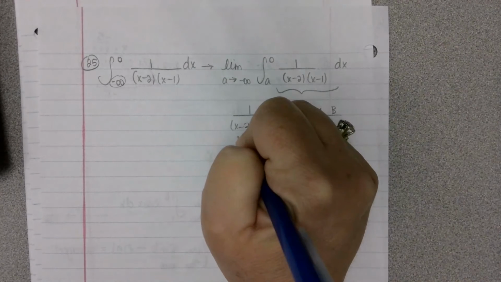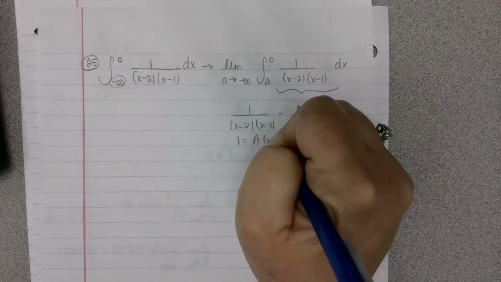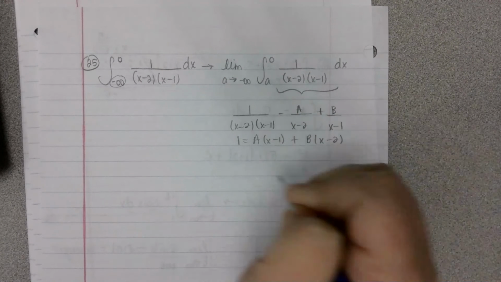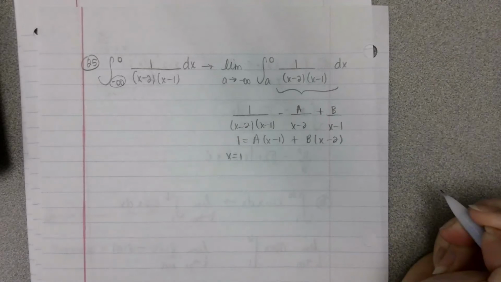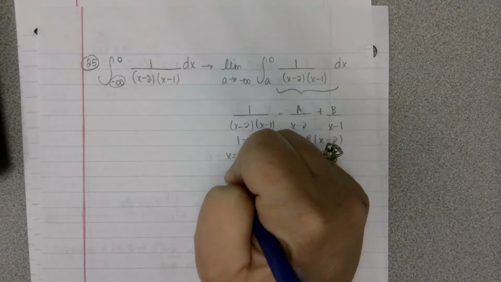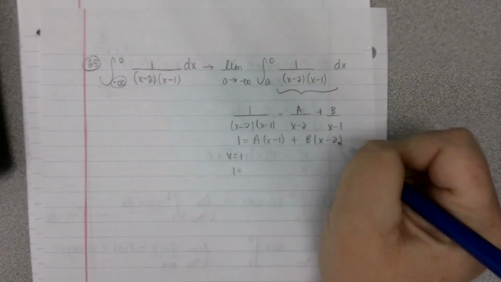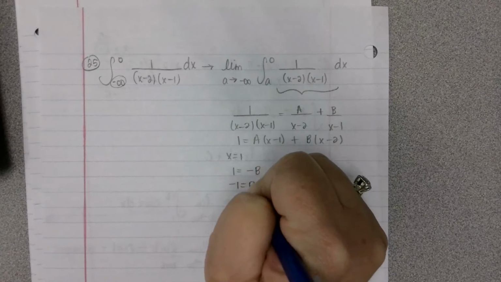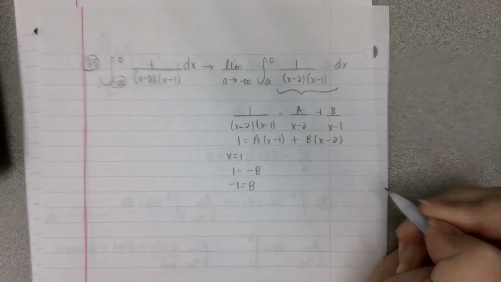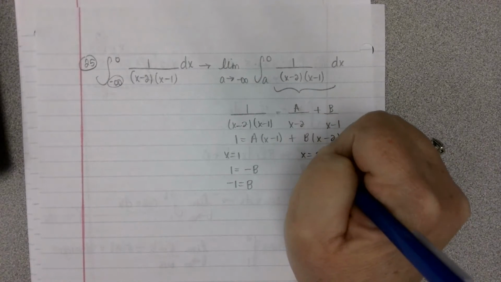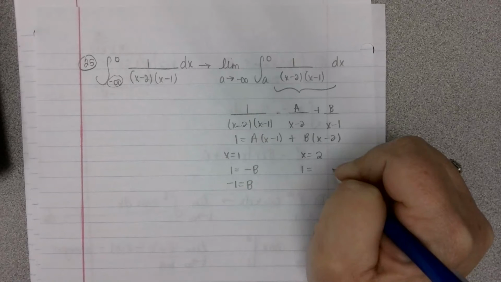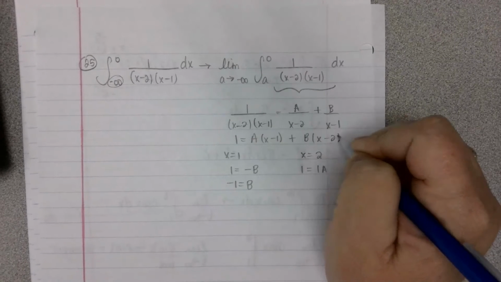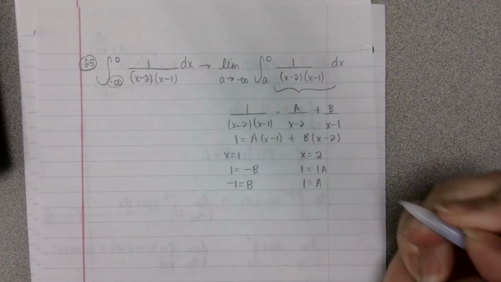So I get 1 equals A times (x minus 1) plus B times (x minus 2). If I make x equal to 1, I get 1 equals 0 plus negative B, so negative 1 is equal to B. Now if I make x equal to 2, I get 1 equals A plus 0, so 1 is equal to A.